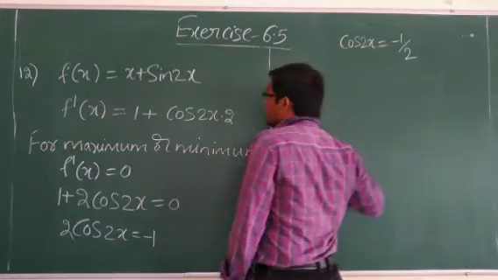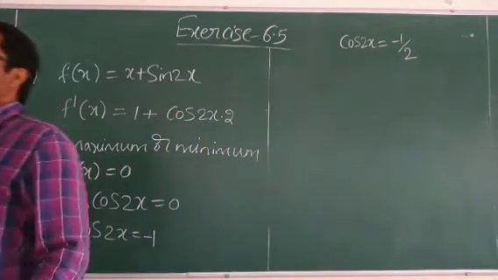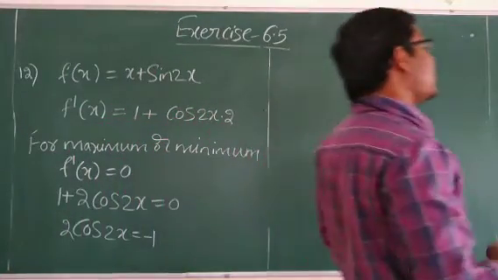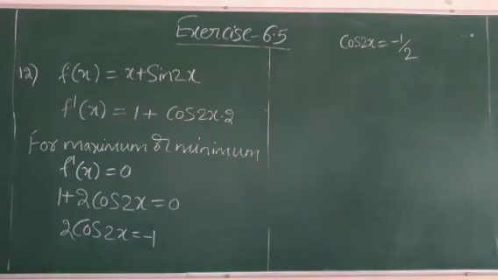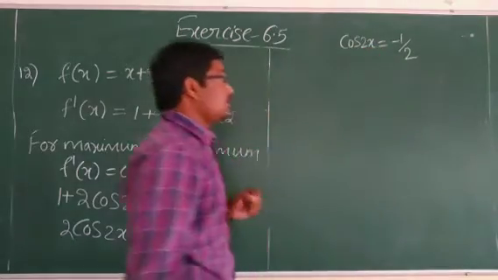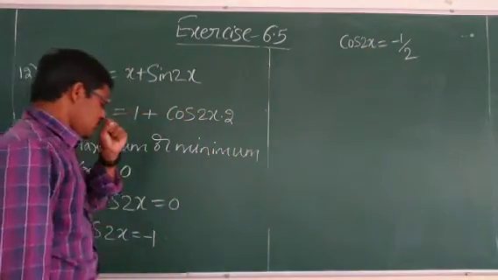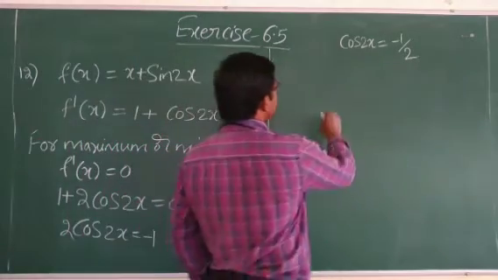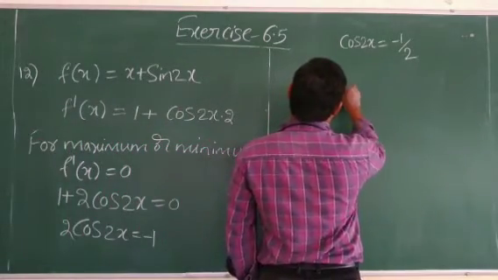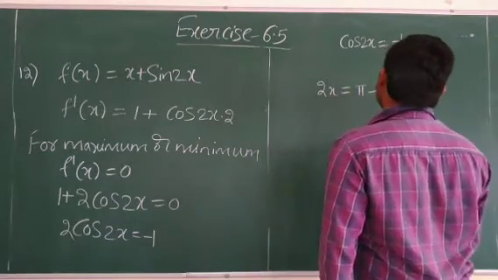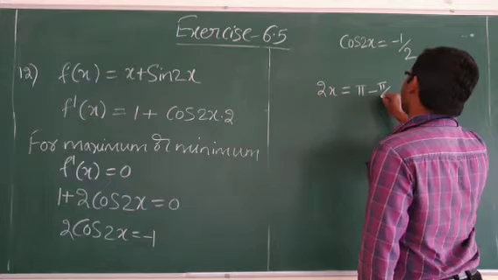Now as you can observe, cos is negative. Where do we get cos negative? Cos will be negative in the second quadrant and in the third quadrant. So we get 2x in second quadrant and in third quadrant. 2x will be equal to pi minus pi by 3.